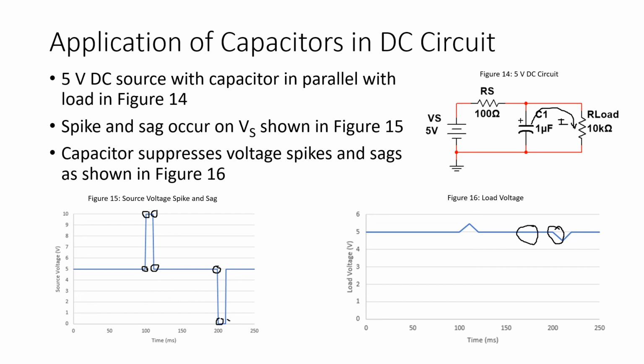And again, as the source voltage goes from 0 back to 5 volts, the capacitor is going to charge and keep the voltage across the load resistor somewhat constant. So even though we have a spike of 5 volts, notice that the load voltage only goes up to about 5.5. Even though we have a dip of Vs to 0 volts, the load voltage only drops to about 4.5.